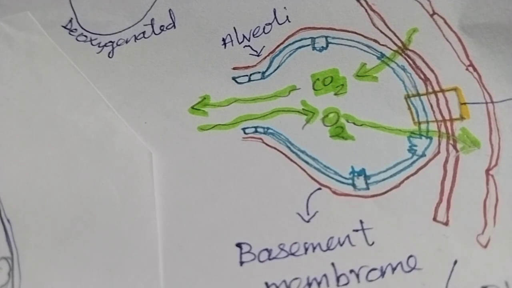When we come to the lungs, they have 3 lobes on the right side and 2 lobes on the left side. On the left side, superior lobe and inferior lobe, and on the right side, superior lobe, middle lobe and inferior lobe.